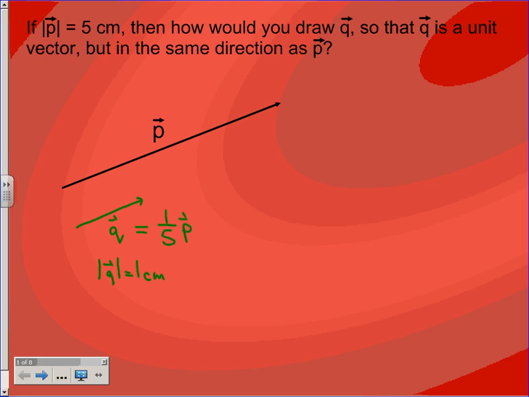Right? So I'm multiplying it by a fraction. Multiplying by a fraction here is going to scale it down, right? Multiplying by 1/5 is the same as dividing it by 5. So it's going to make all of the components that much smaller. But if I divide it by 5, that should give me a unit vector, right? Instead of being 5 centimeters long, now it's just 1 centimeter long. So we're going to use that in a minute.